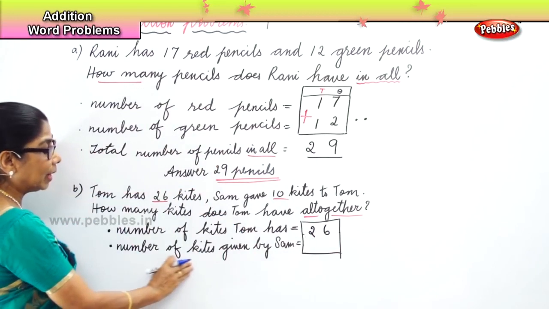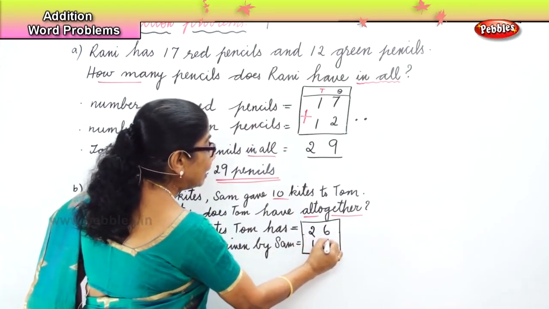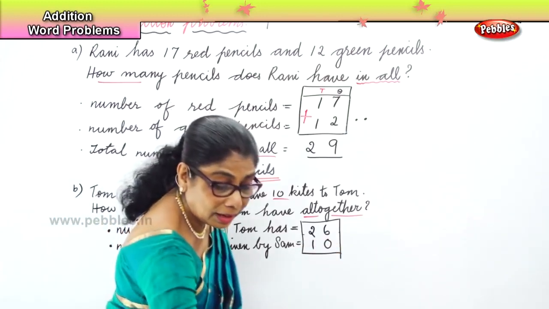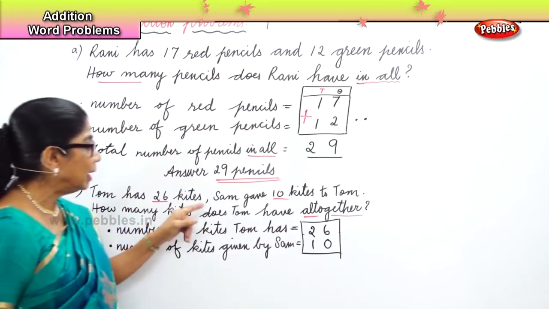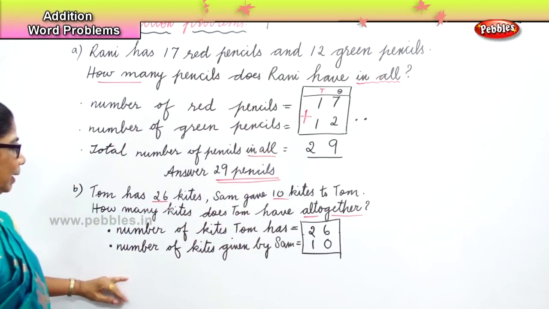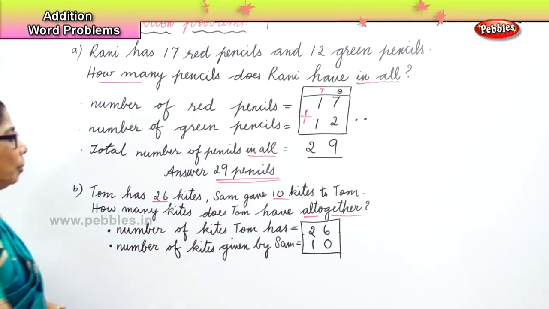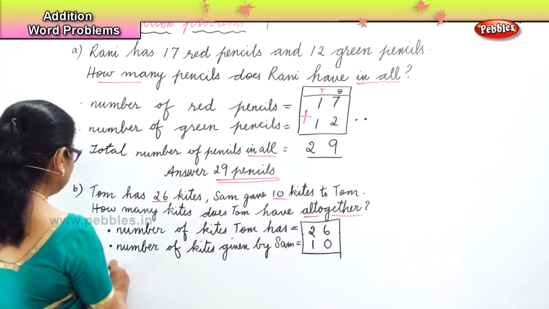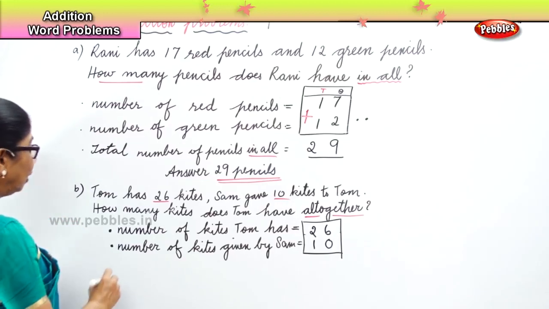What is the number of kites given by Sam? 10. Now, what is the last statement? How many kites does Tom have altogether? So, the last statement is the number of kites Tom has altogether.